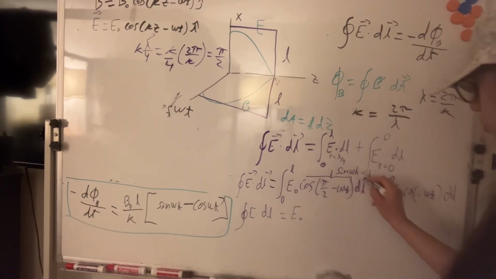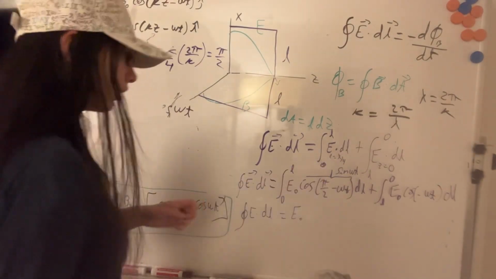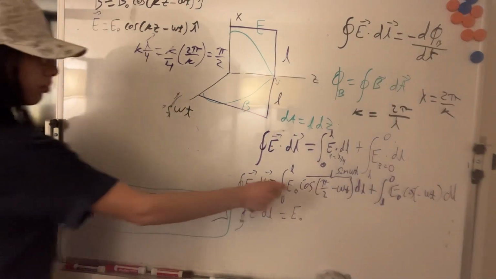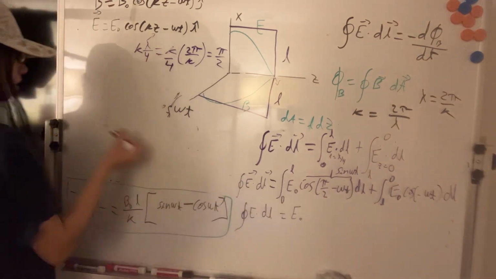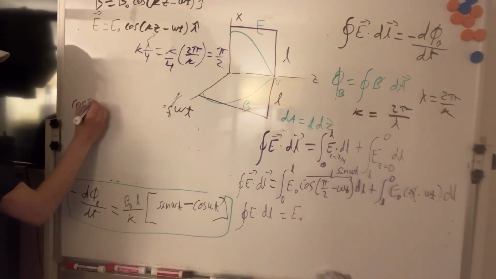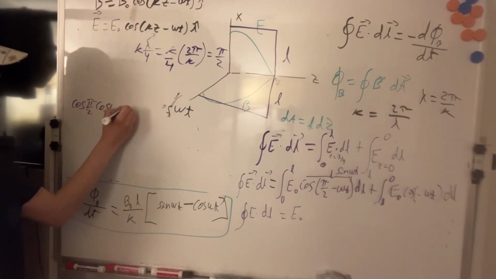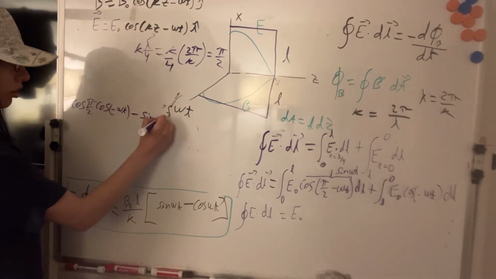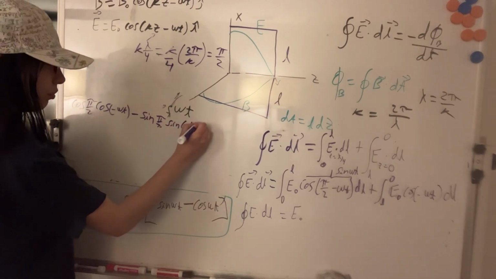Just let me quickly verify this because I always forget if it's negative or positive, but a quick way to verify this is just remember that cosine of a sum is cosine of pi over 2 cosine of negative omega t minus sine pi over 2 sine of negative omega t.